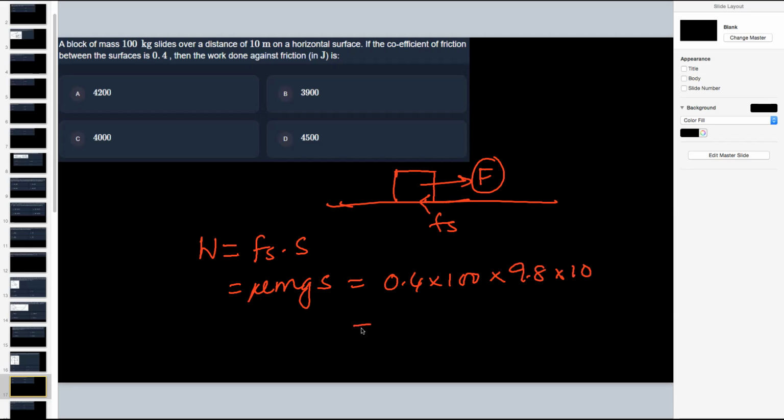So finally, how much do you get? 10 power 3 is there, 9.8 into 4. Approximately, just take 10 into 4, 40, like that. How much do you get? 3.9, is it correct?